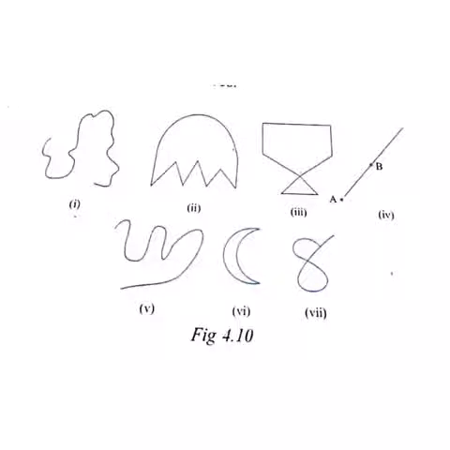You will observe that the curves have crossed themselves, whereas the curves 1, 2, 5 and 6 in figure number 4.10 do not cross themselves. If a curve does not cross itself, then it is called a simple curve.